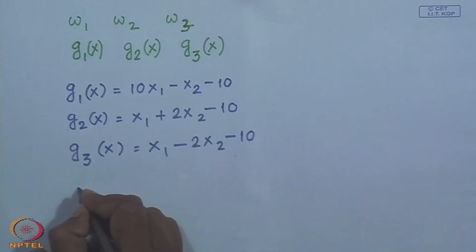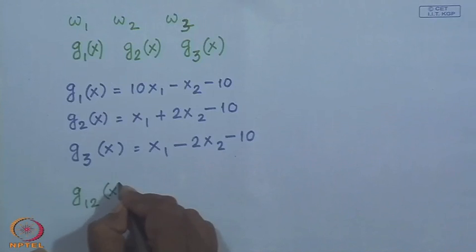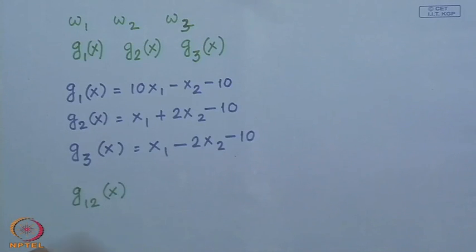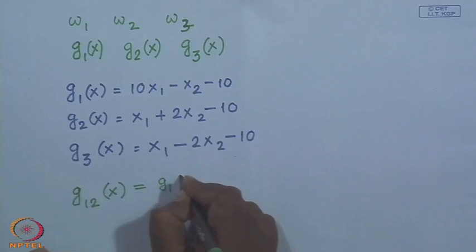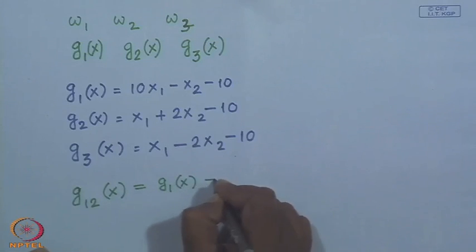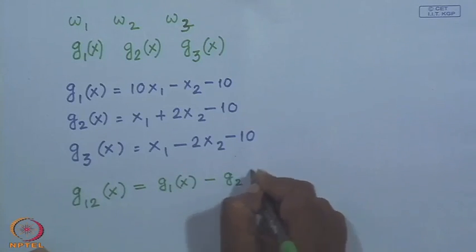For that, I need to compute g12 of x, which will be given by g1x minus g2x.